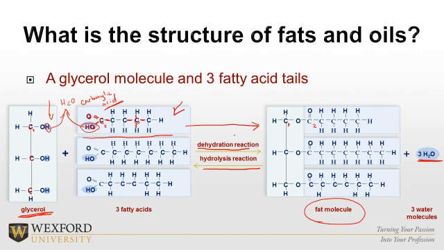Right? So once again, we build through dehydration by taking water away, and we break apart by adding water back to it. And there are enzymes that are going to help these reactions along, so it's more than just randomly adding water to a beaker full of fatty acids and glycerol. There's more to it than that.